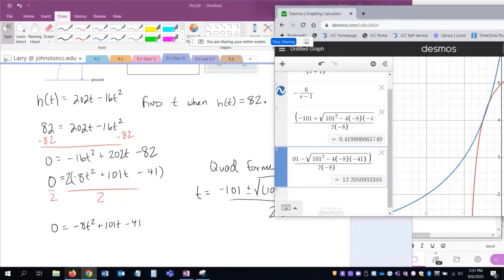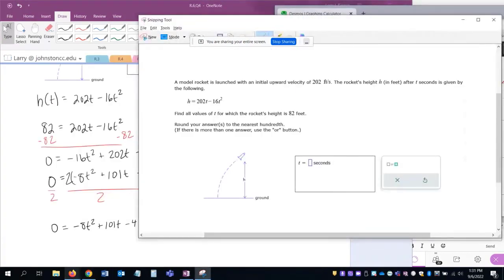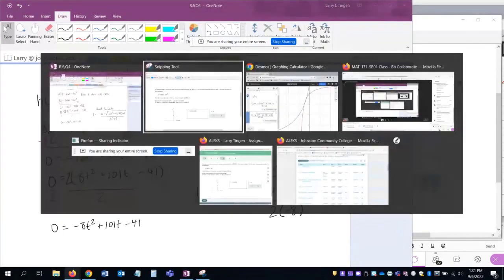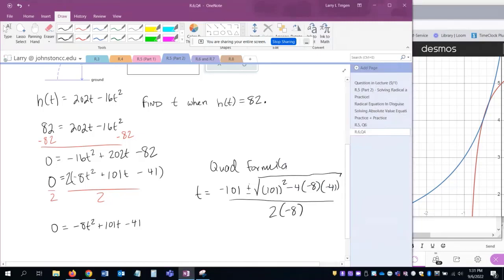Round to the nearest hundredth. Those numbers are 0.4199, blah, blah, blah. So tenths, hundredths, that's two places. So 0.42. These are seconds.